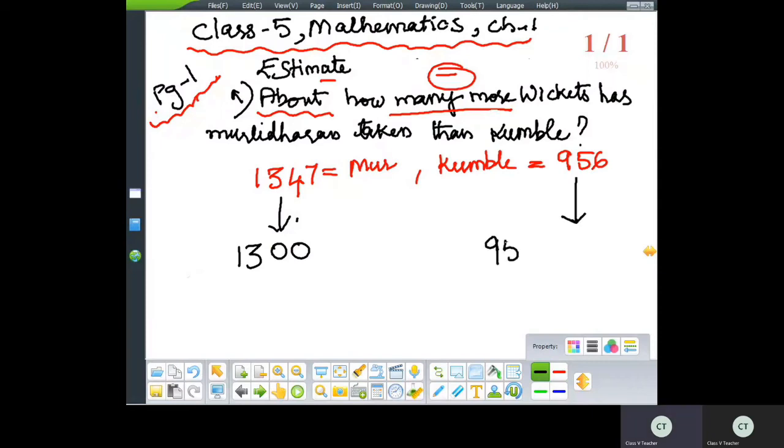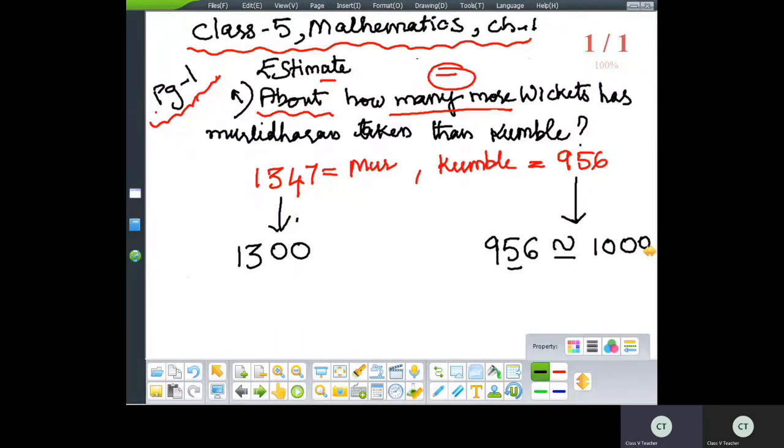So 956. What will you check here? Round off to the nearest hundreds. In the same way, for the hundreds place you will check the tens place. The tens place is 5 or more than 5, so round off to the greater side. 956 lies in between 900 and 1000. So the greater side will go to 1000.